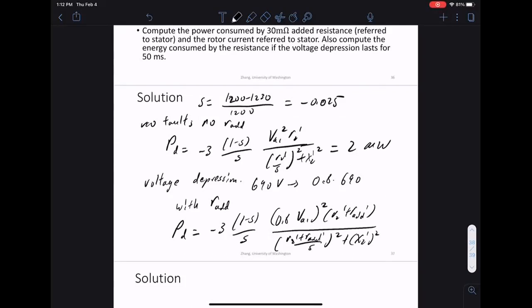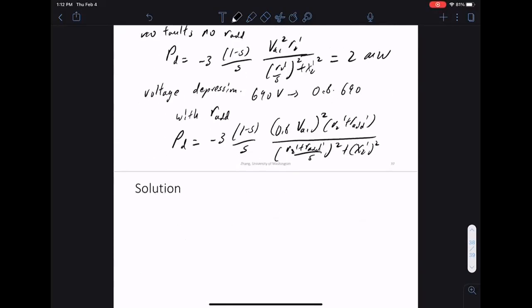You do all this calculation, and the output power is quite a bit smaller.